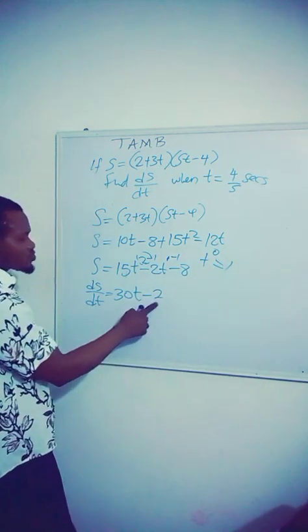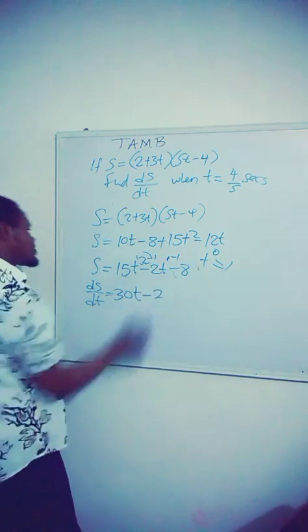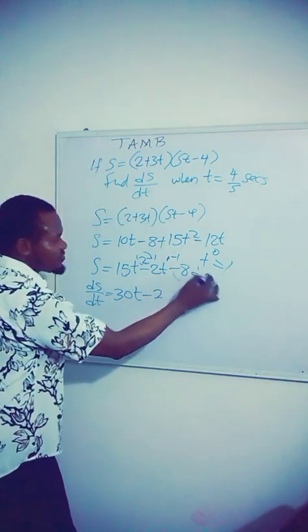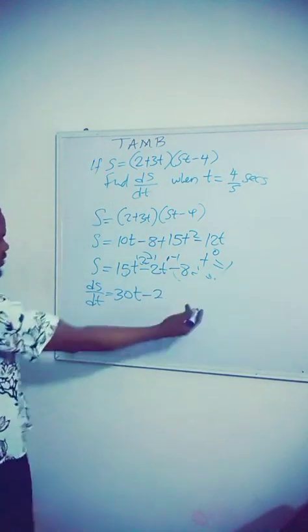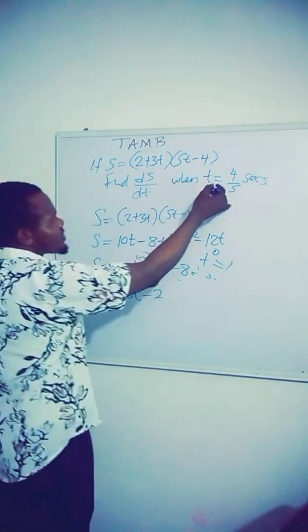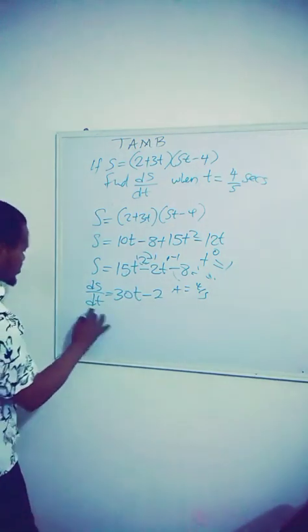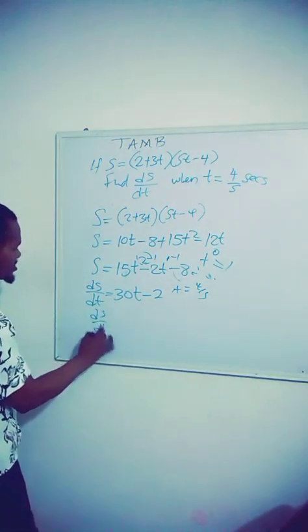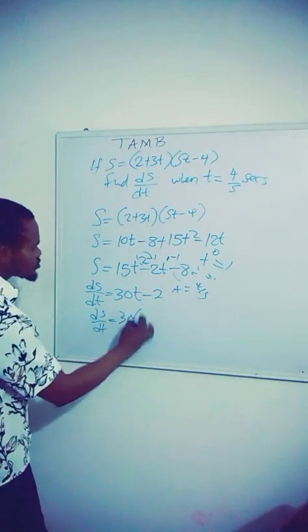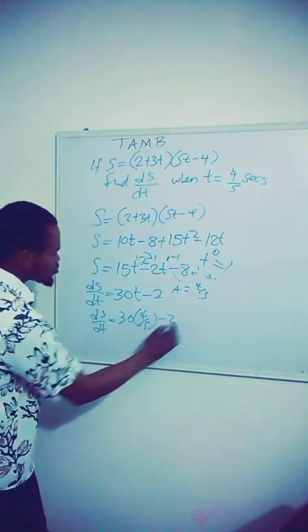So that's why we're having 2. When you differentiate a constant, it gives you 0. Now this is what we have. But the question moves further by saying when t is 4/5, you put it here. So therefore ds/dt will be 30 times 4/5 minus 2.